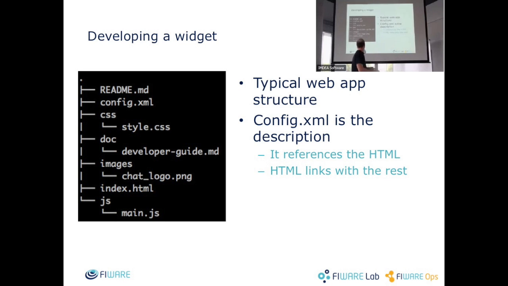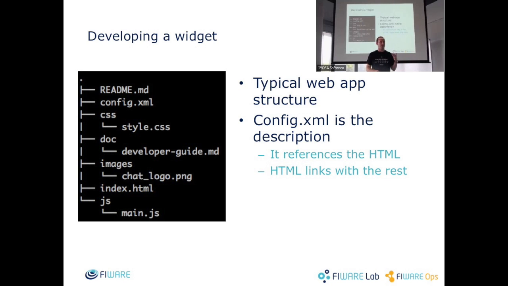In any case, this is the basic structure of a widget. Widgets have a description XML file, usually called config XML, describing some properties of the widget: vendor, version, name, access to the description, main file of the widget, features used on the platform, preferences, input and output endpoints, and so on.